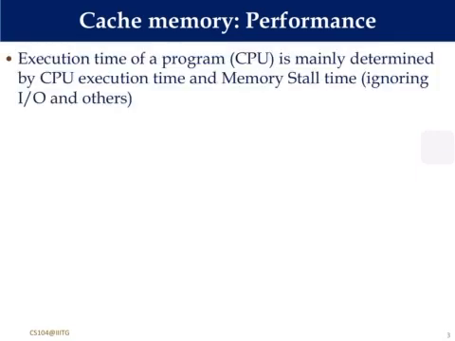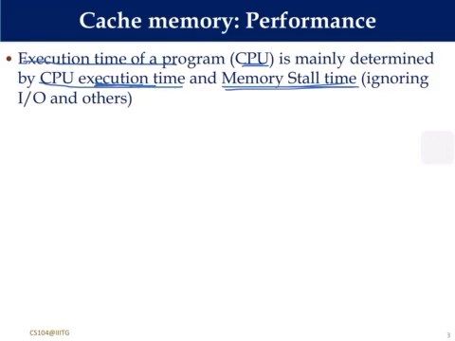We can say that the execution time of a program, by which we mean the CPU time eventually, can be thought of as comprising the CPU execution time, that is, how much time the components inside the CPU will take to execute that particular set of instructions, and how much time it has to wait for the memory.